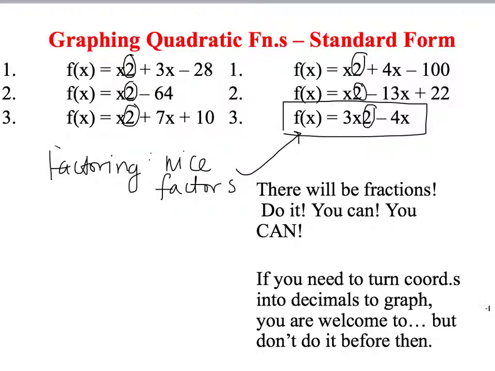Those guys are nice fractions, meaning you're not getting crazy numbers like 11 over 21 or 45 over 10 or anything like that. But they are fractions. Don't be scared of them. They're just numbers. They're numbers too.